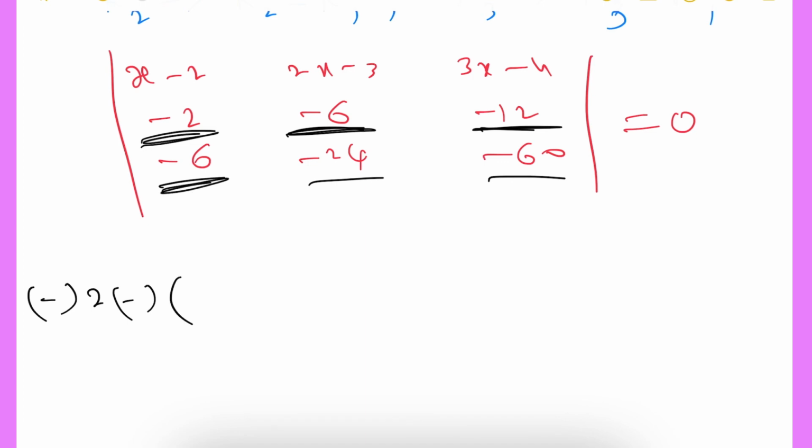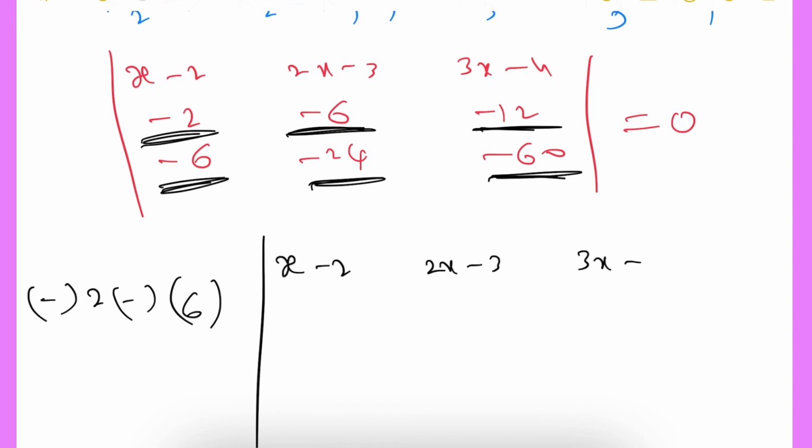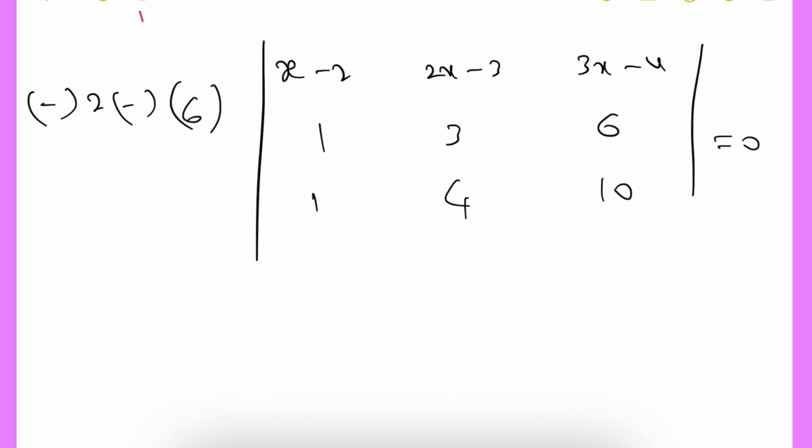Then 6 table 6 will come, 6 table 24 will come, 6 table 60 will come, so 6 also I will take common. Then first row remains as it is: x minus 2, 2x minus 3, 3x minus 4. Then comes 1, 2 3s are 6, 2 6s are 12. From the third row I am taking 6 common, so 6 1s are 6, 6 4s are 24, 6 10s are 60, which equals 0.